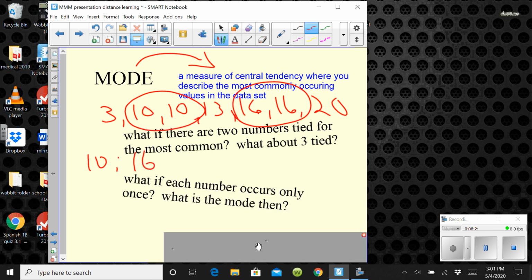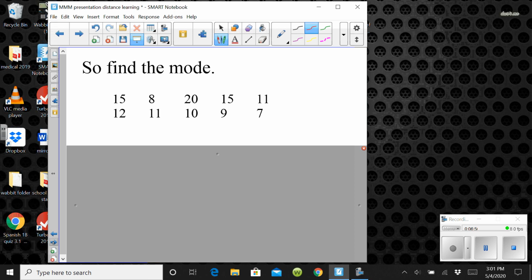And if there is no number that occurs any more often than the others, then there's no mode. Can you believe some mathematicians argue that every number is the mode in that situation? But I'm going to say no mode. So there might be one, two, three, a whole bunch of modes, or none.